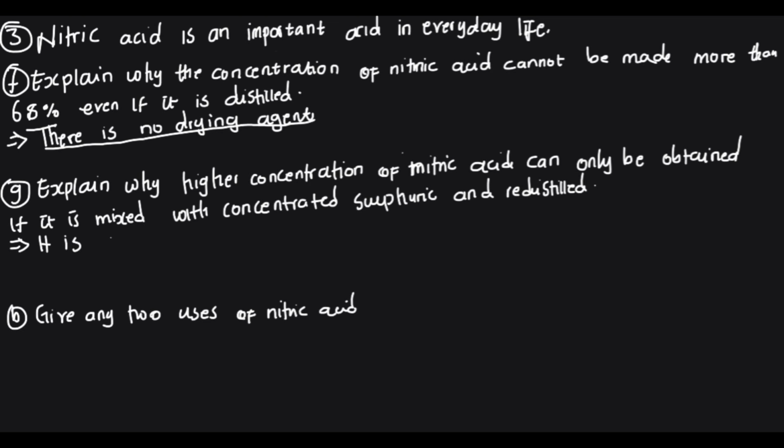Dehydrating means removing water. So this is what the sulfuric acid is doing. In this case we are expected to have a high concentration of nitric acid, since some of this water is being dehydrated by the sulfuric acid.